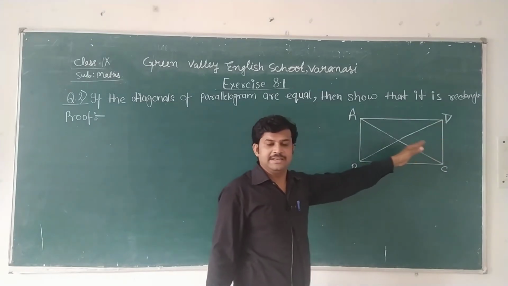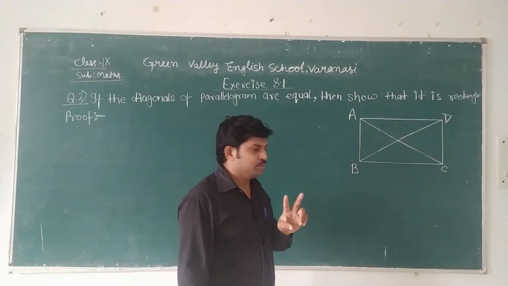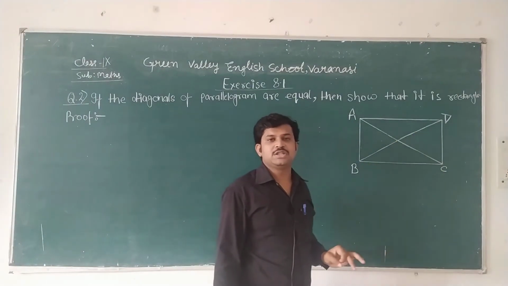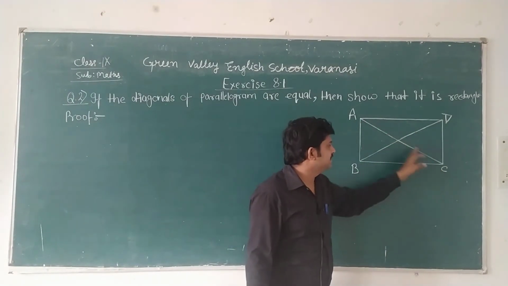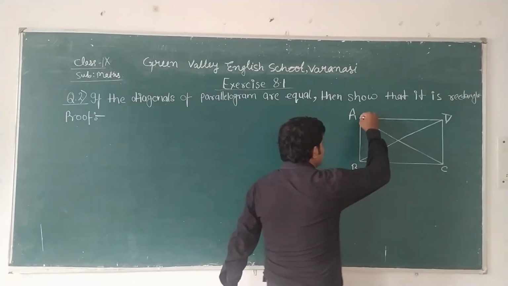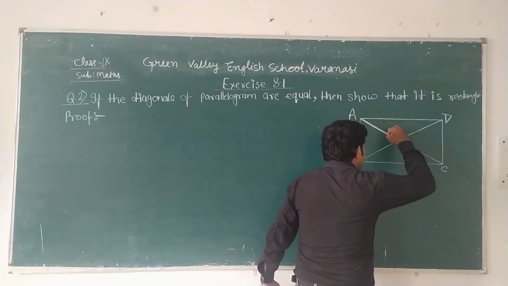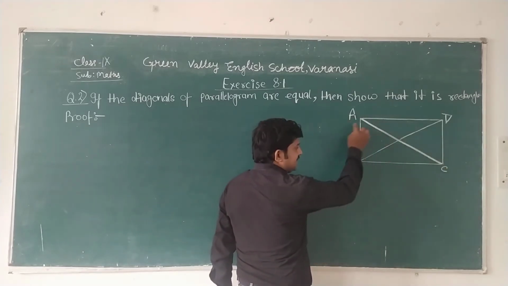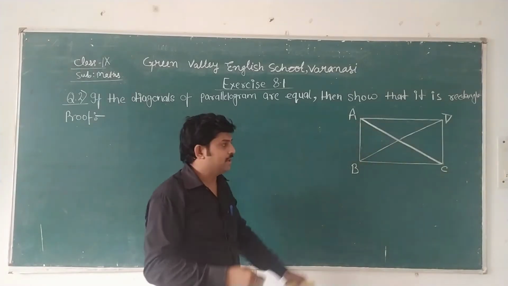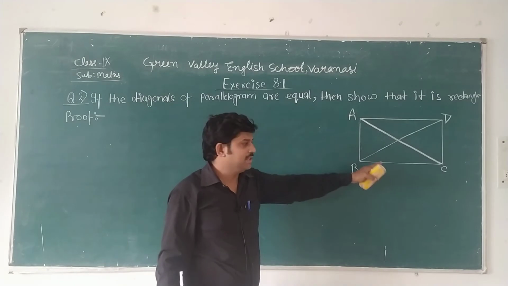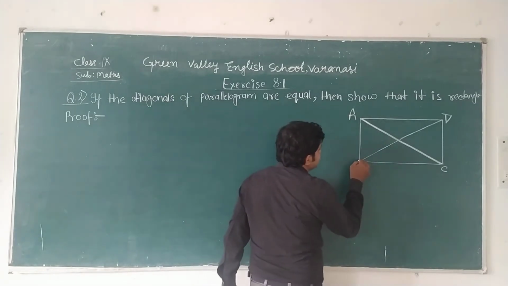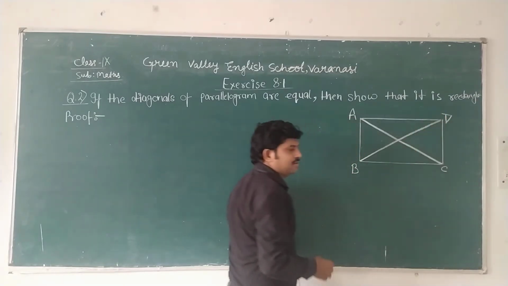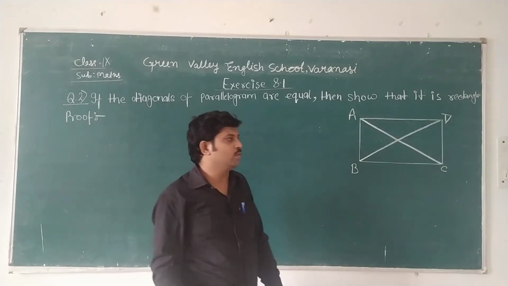First of all, we make a parallelogram ABCD, and next we draw two diagonals AC and BD. The condition is that AC is the diagonal of this quadrilateral, and BD is the second diagonal. Both the diagonals are equal.